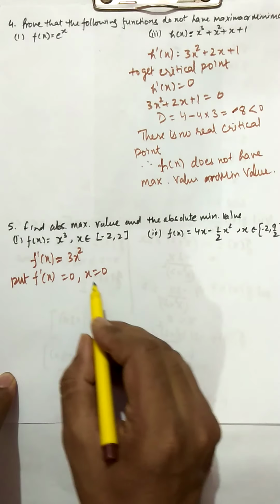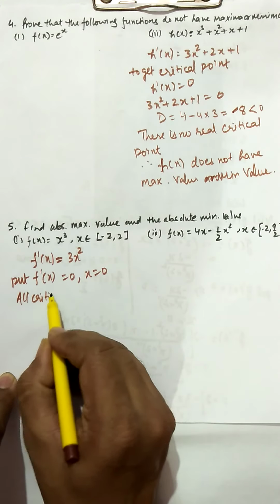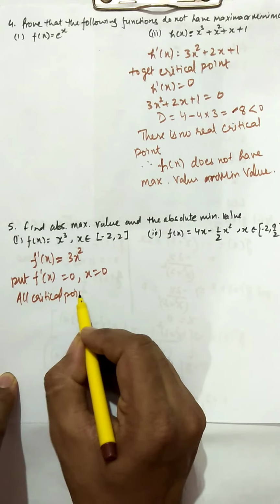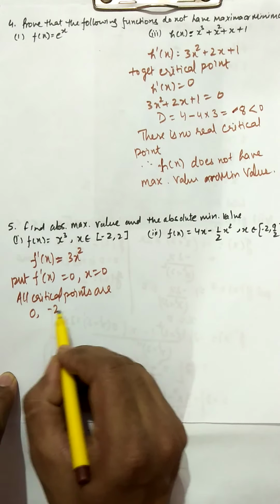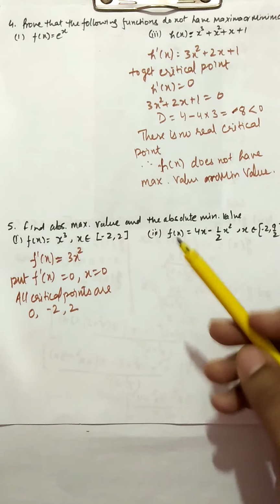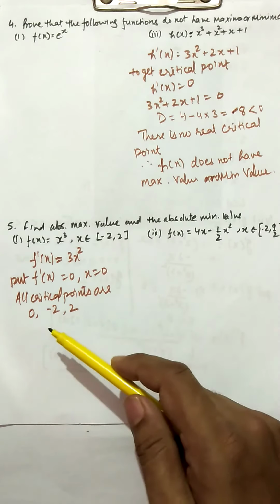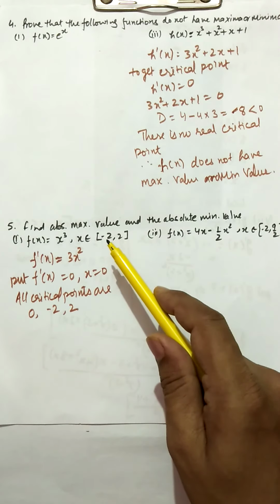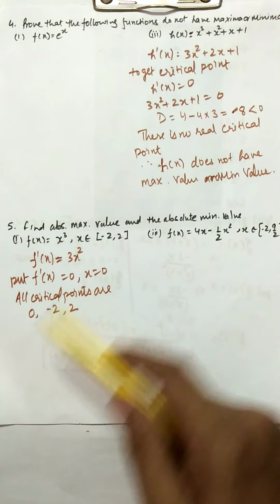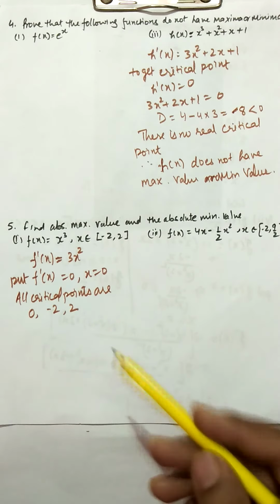So all critical points are 0, minus 2 and 2, because this is the closed interval. This is the only one critical point, and these two are the boundary points. So whatever the maximum or minimum is, it will exist between these points only.